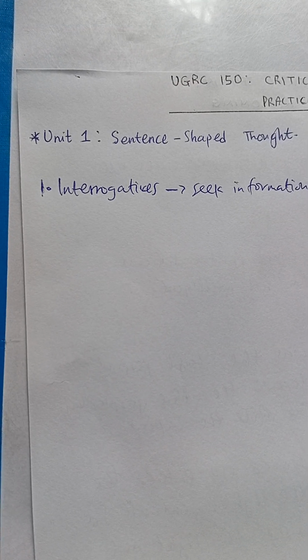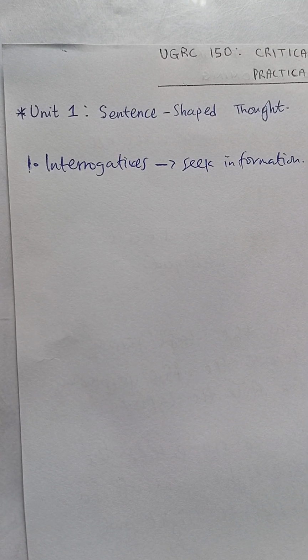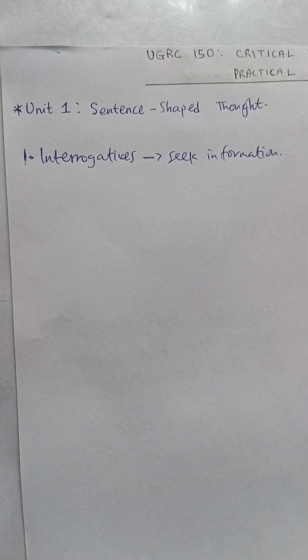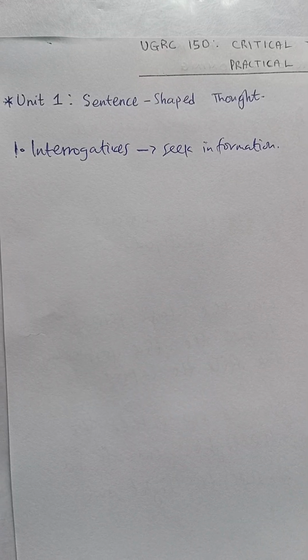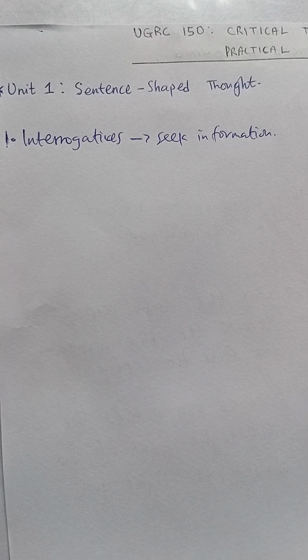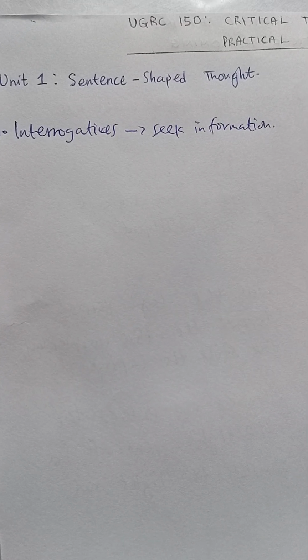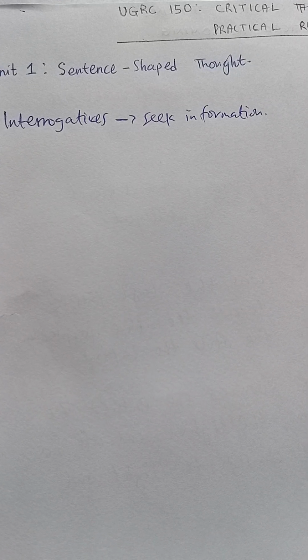For instance, someone asks you, how are you doing? It's a question, so it's an interrogative. The person is interrogating you, asking you a question. The person needs information from you.